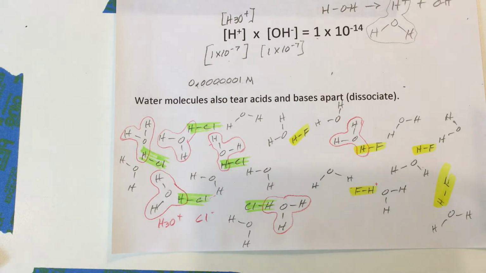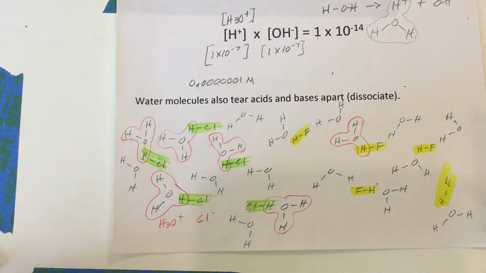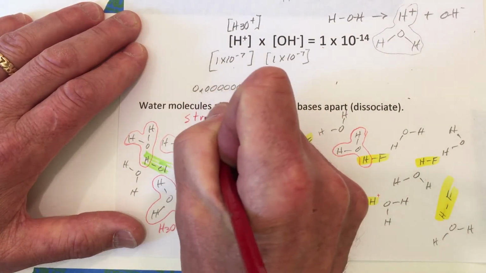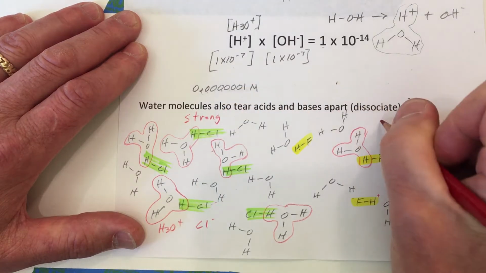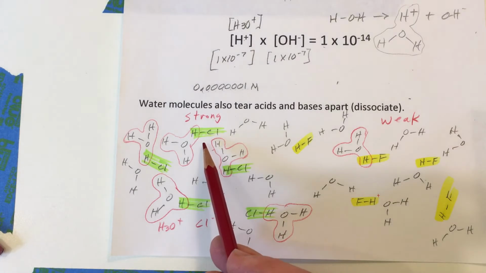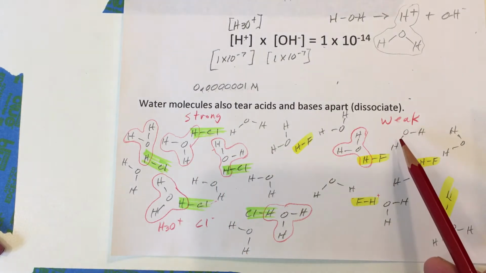So the water molecules will certainly orient properly around them, but the water molecules will not tear them apart, as has happened here. Only one in many will be torn apart. So that's the difference between a strong acid and a weak acid. Complete dissociation, only a slight dissociation.